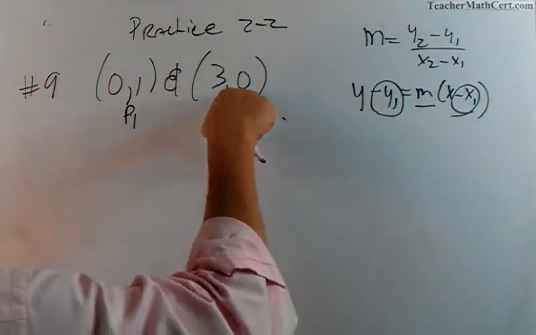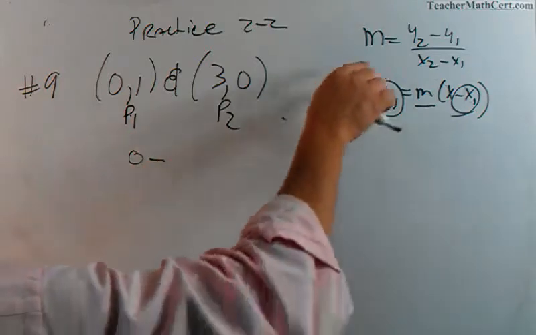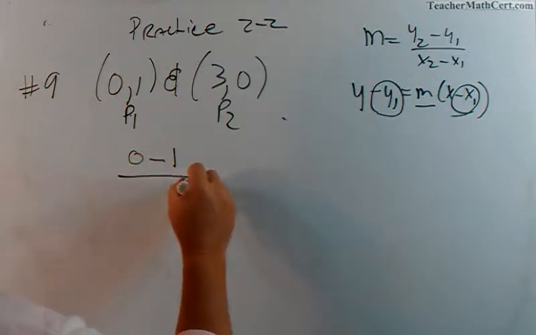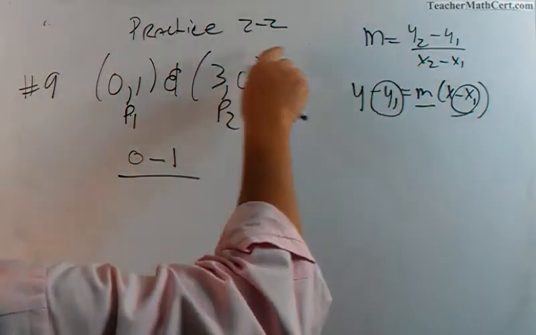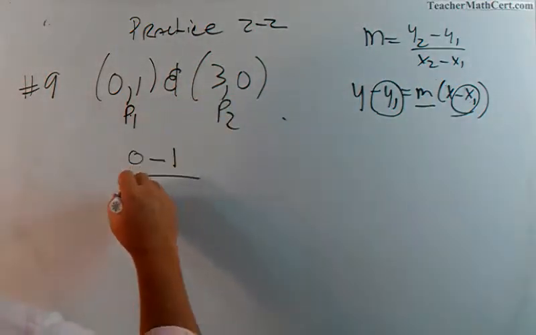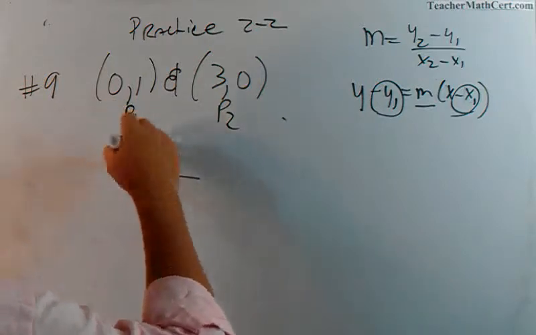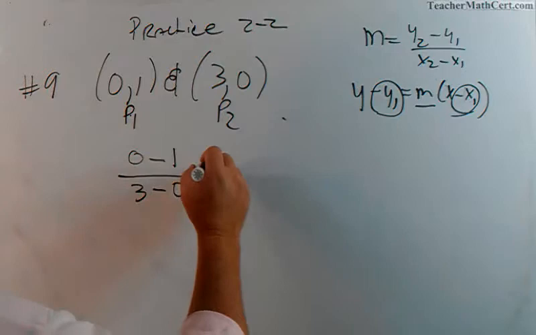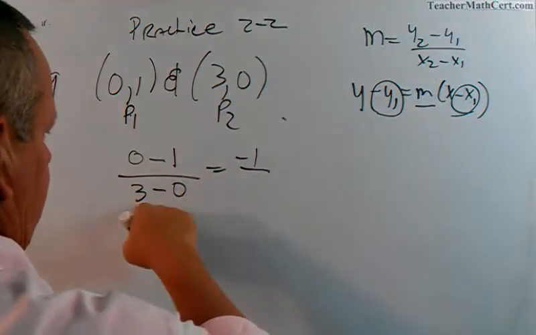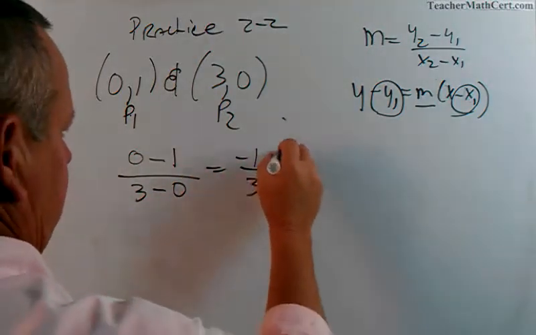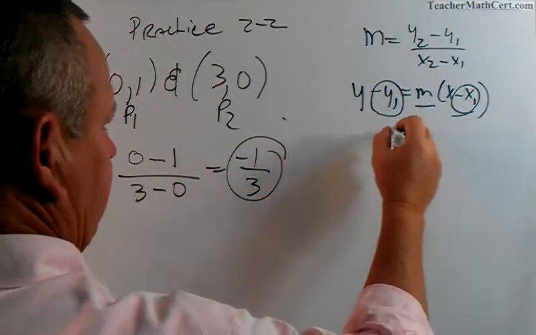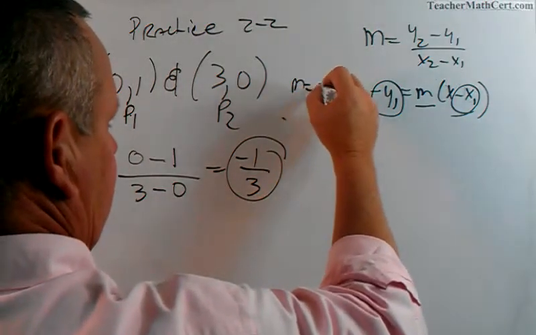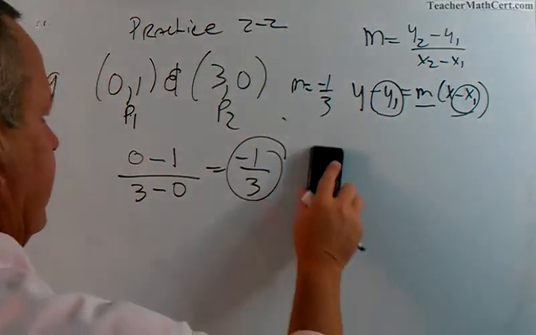Okay, y sub 2 is 0 minus y sub 1, which is 1, divided by x sub 2, which is 3, minus x sub 1, which is 0. So we got 0 minus 1 is equal to minus 1. 3 minus 0 is 3. So m is equal to minus 1/3.